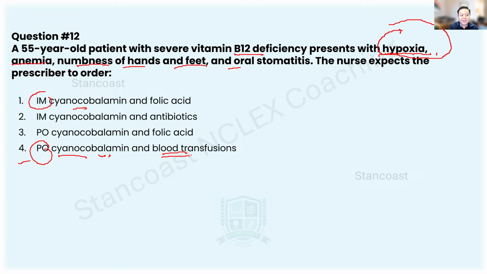So if I am going to revise this question, I probably would recommend IM here, but it is what it is. So the correct answer here, guys, is number 4. Even if the statement stated PO, here we really need to treat the hypoxia, and this is going to require the blood transfusion. The IM cyanocobalamin will not be able to treat the hypoxia.